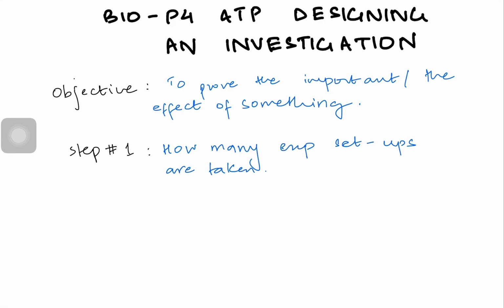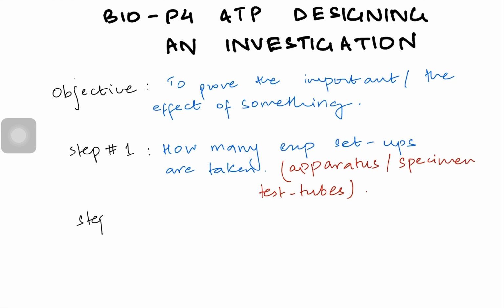It means how many beakers, how many test tubes, how many plants, how many fruits, how many seeds. So you talk about the number of apparatus you're using, how many specimens you're using, if it's a plant, if it's an animal study, if it's a fruit study, what are you using, how many test tubes you're taking. You talk about that in the beginning.